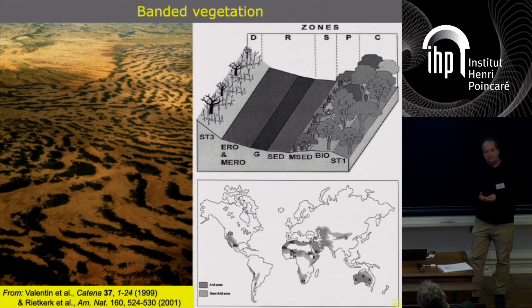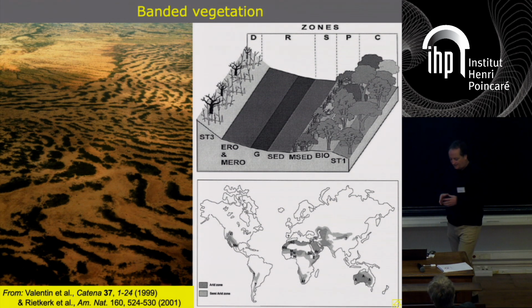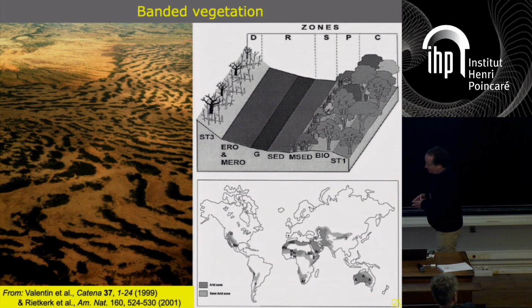So you see that water is not enough. We're in an area where water wouldn't be enough to sustain a dense cover of shrubs, but since the shrubs organize themselves this way, they have a reservoir of water to feed on. And the other point is that since they are getting water from the top of the hill, the water flows down and infiltrates in the band, so you will have an area of active growth of vegetation uphill and an area of decay downhill, where water will start to be scarce again.